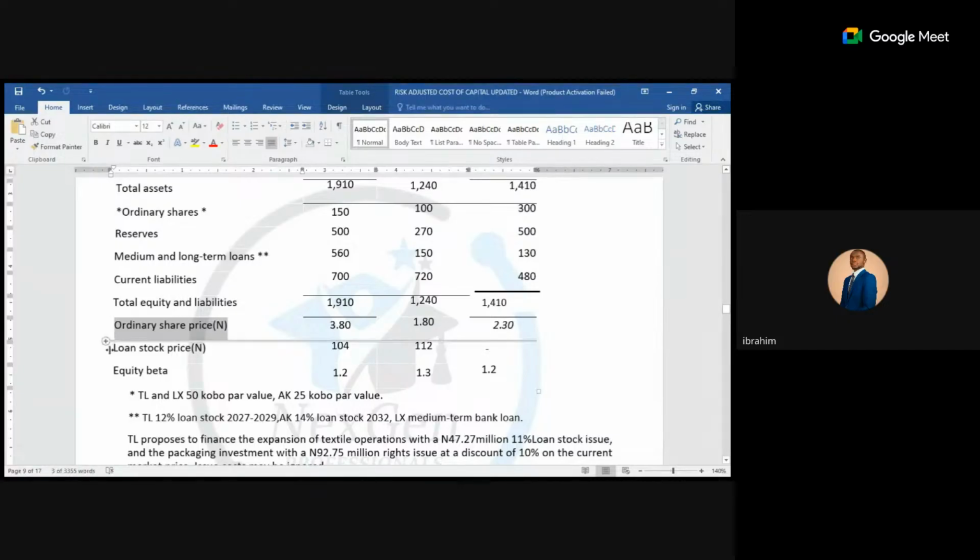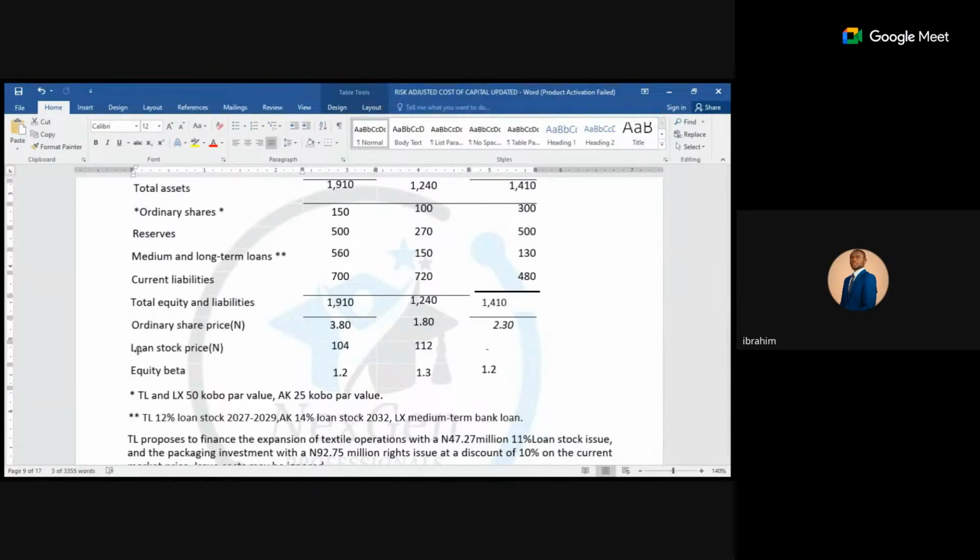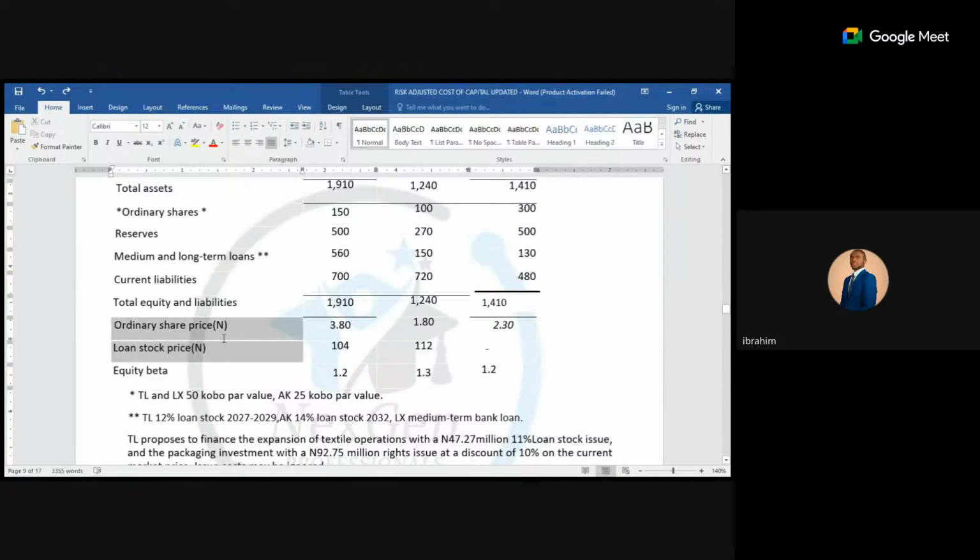And this is loan stock price. This is what? Equity beta. Can you see? Now, this ordinary share price that you see here, you have equity beta, you have loan stock.